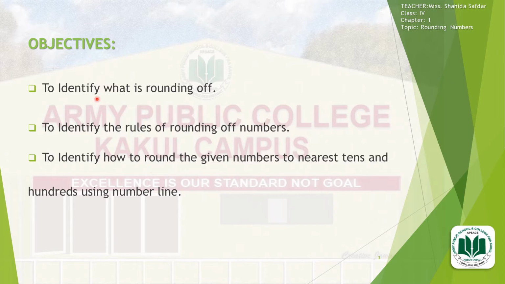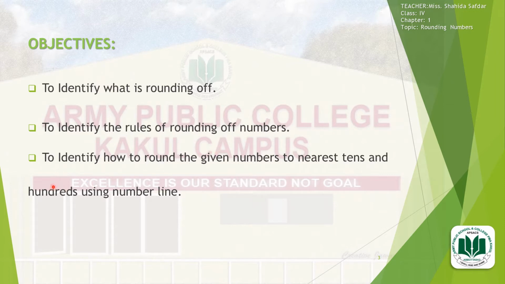The objective of this lesson is to identify what rounding off is. To identify the rules of rounding off numbers, that is, at which digit we will round up and at which digit we will round down the number.